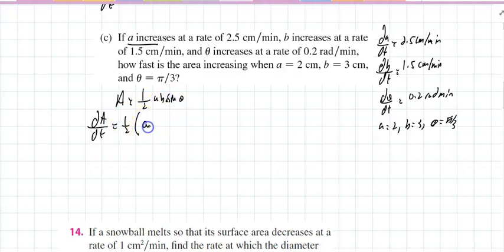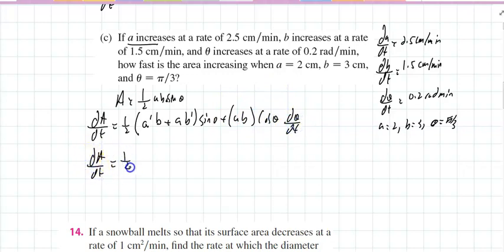Derivative of the first, A prime times B, plus A times B prime, times the sine, plus the first times derivative of the second, cosine of theta d theta dt. dA dt is going to be 1/2, and fill in the blanks.